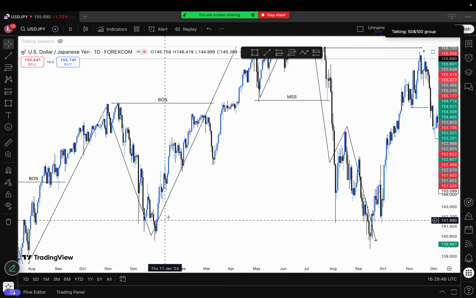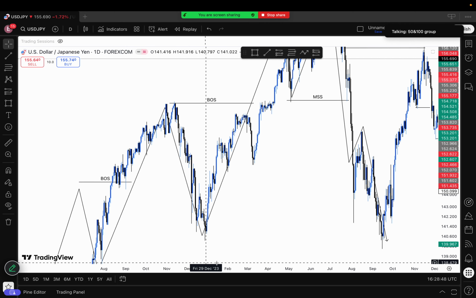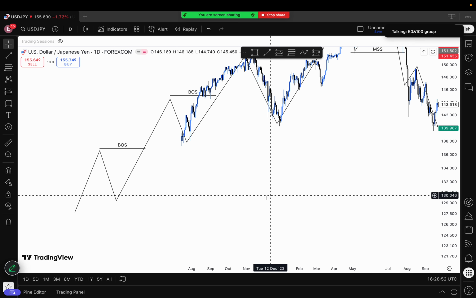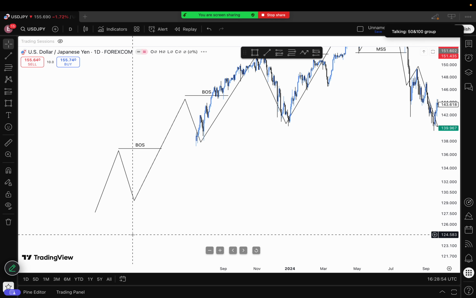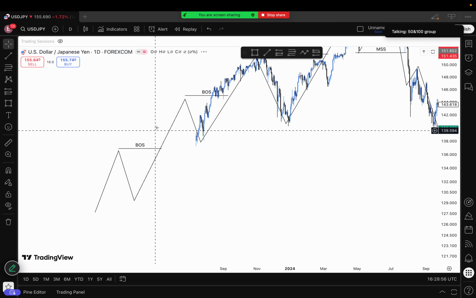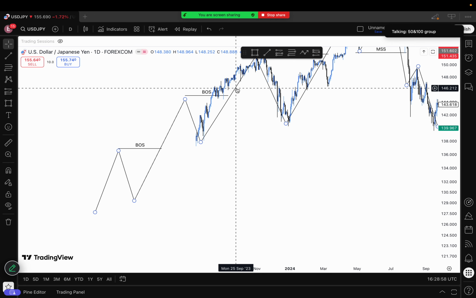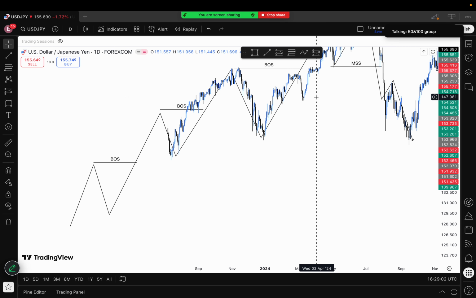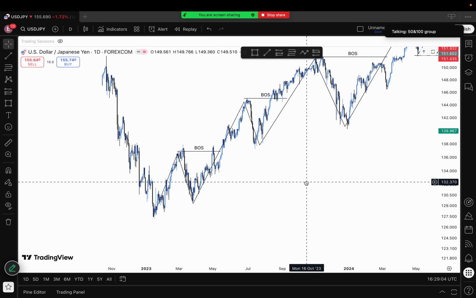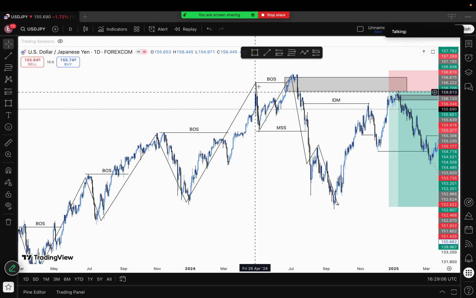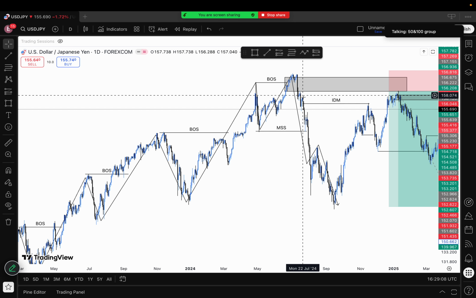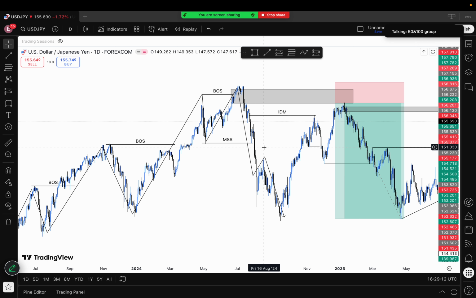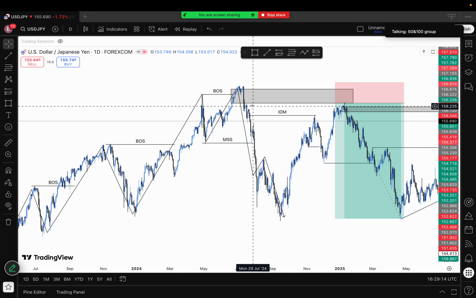Let's take for instance, I was making this trend line to the upside, break of structure, you can see it, break of structure. Then from the highest high, it shifted to market structure shift. These are inducements around here.